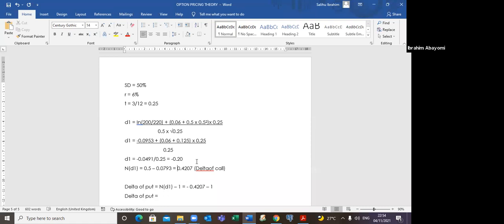That's what we are doing. Delta of put is minus 0.5793. Please, you people should confirm it too. It's better the way we are doing it together so that everybody is following and we are able to catch any mistake. So don't say that because someone has gotten the answer, I will not do it. Do it so that if there is a mistake, we quickly identify it.